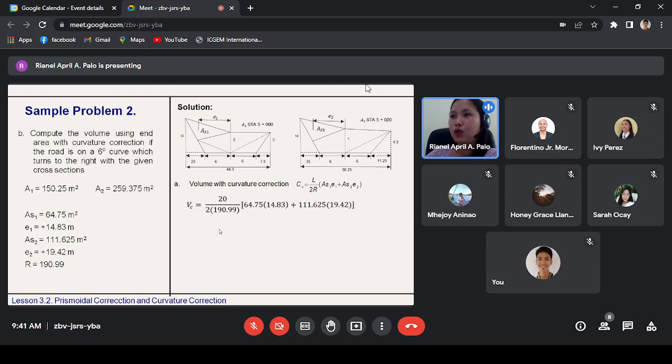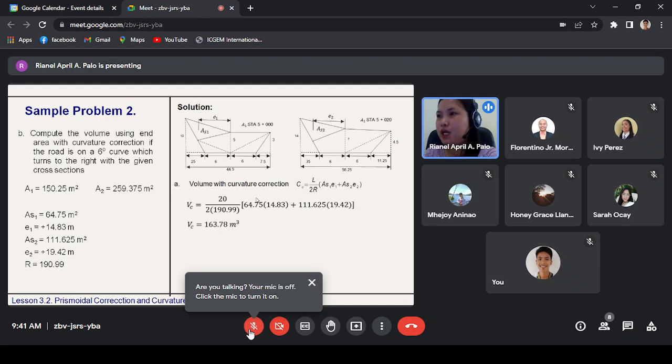So our volume with curvature correction is equal to 163.78.